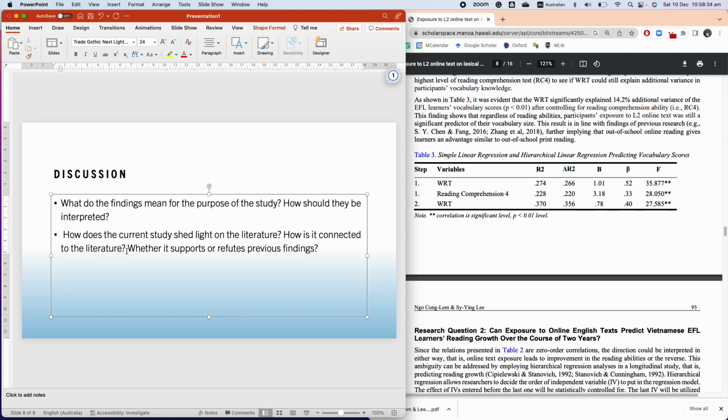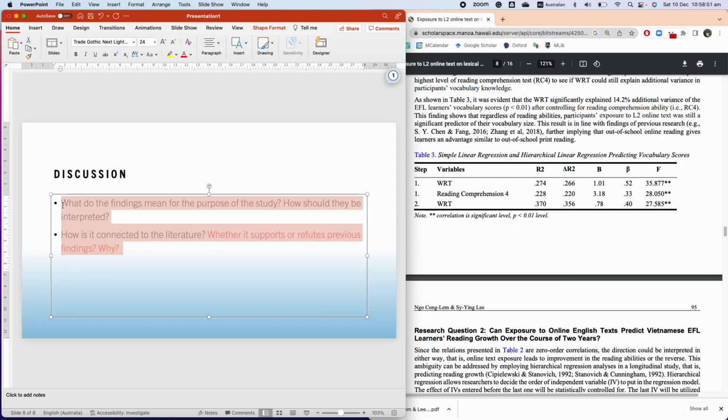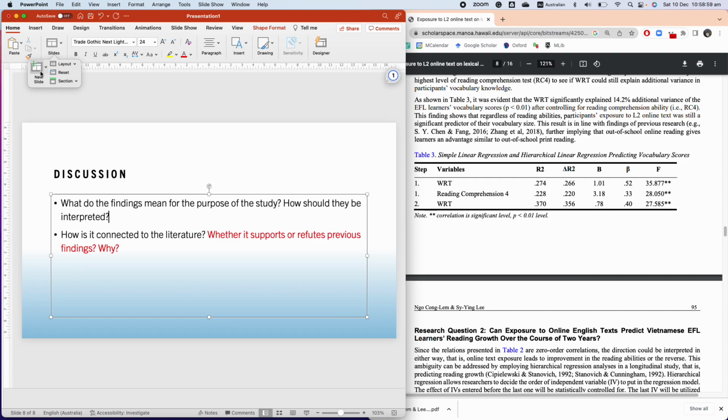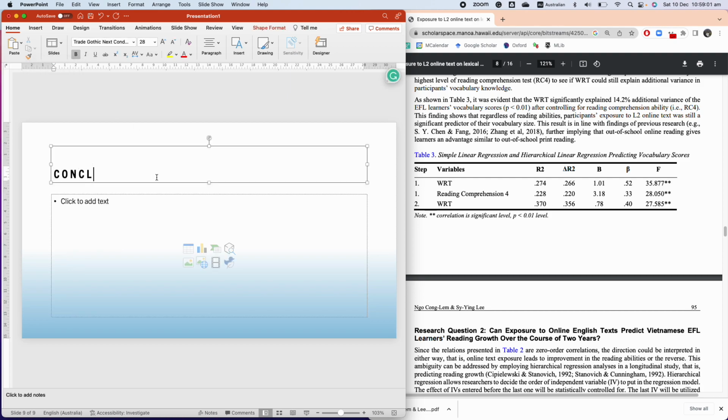I think this is more important to discuss, and probably why. So these are the two questions that you really need to make explicit in your discussion. Now the last section is just a conclusion.